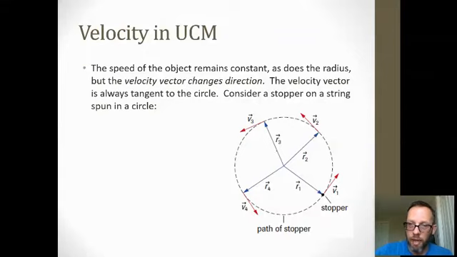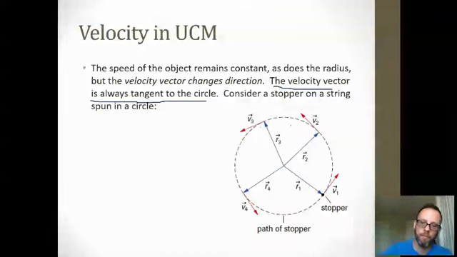And so what this diagram illustrates is that the velocity vector is always tangent to the circle. So you can see if the radius is pointing out here, at this point, the stopper would be moving up and to the left. But at this point here, the stopper would instantaneously be moving down and to the left. And it's always tangent to the circle.